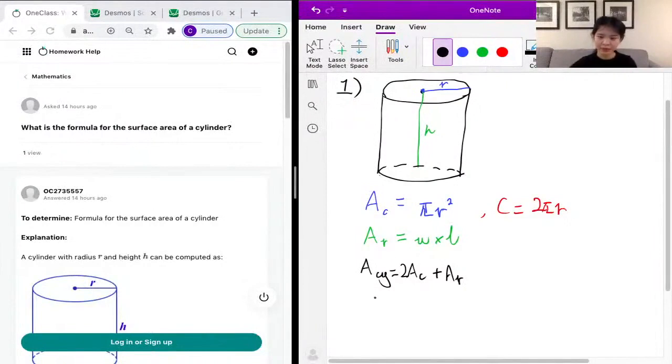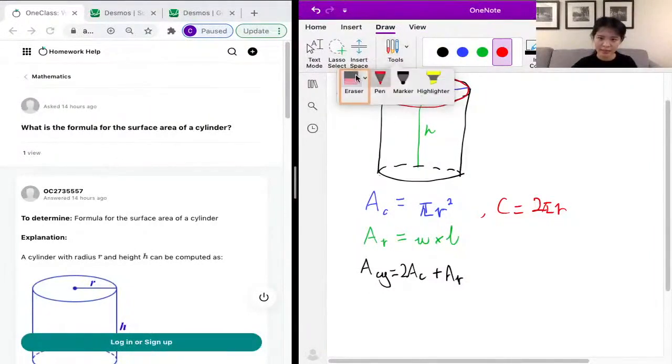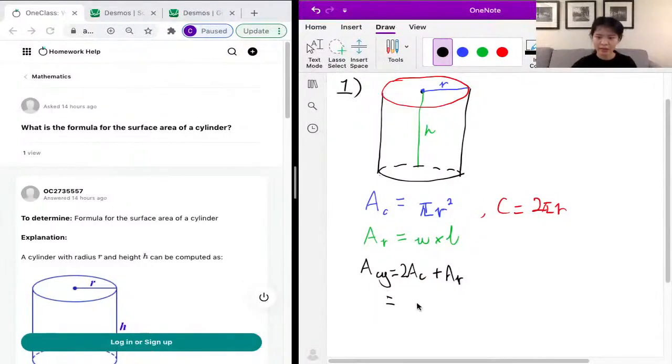So now, let's just draw this in red over here so that it corresponds. And let me erase this black circle over here. Perfect. Nice. All right, so we know that the surface area of the cylinder is equal to 2 times the area of the circle, which is just 2 pi r squared, plus the area of the rectangle, which again is just width times length.